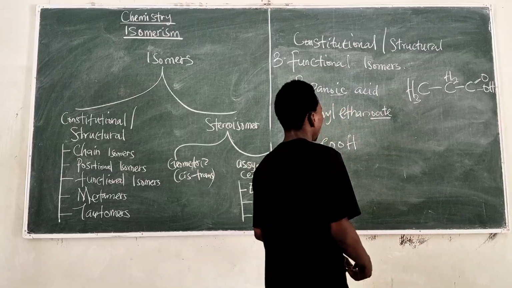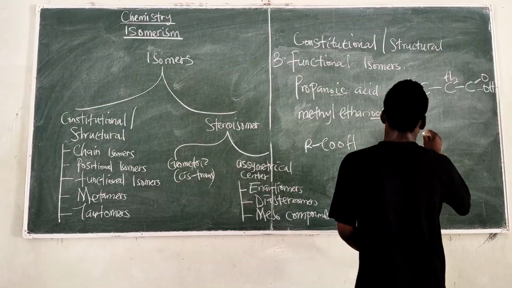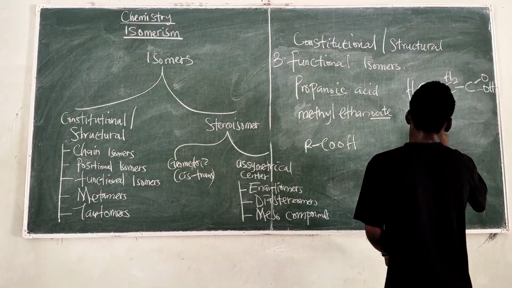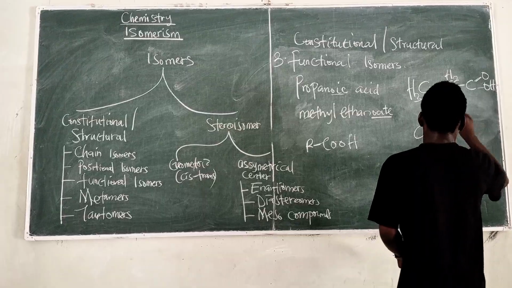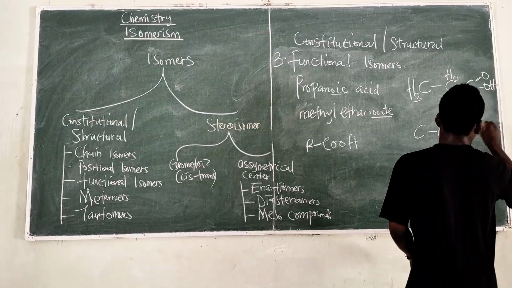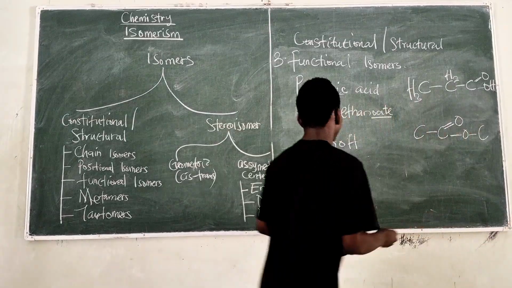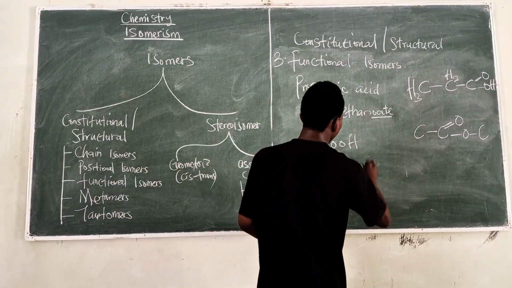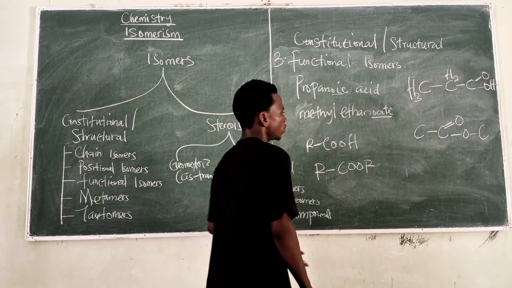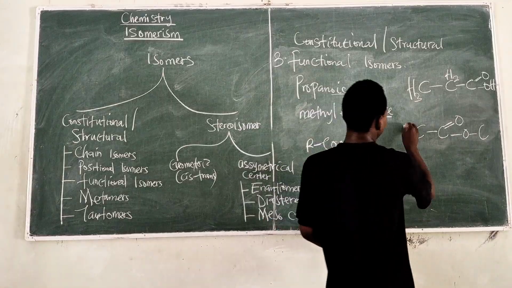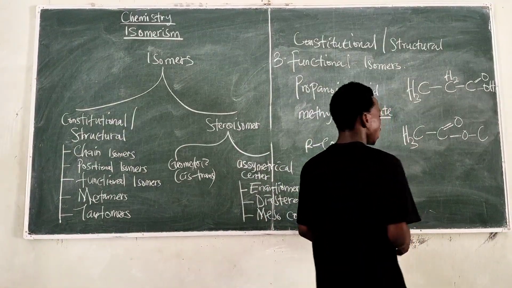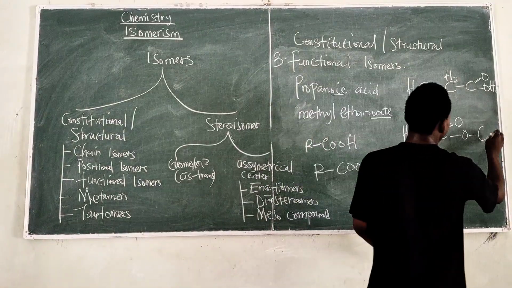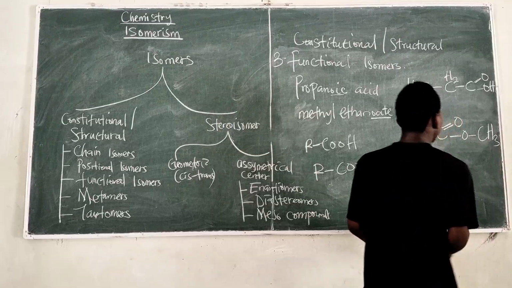So for methyl ethanoate, we have this. The functional group of esters is RCOOR. This particular carbon is bonded to 3 hydrogens, and this particular carbon is bonded to 3 hydrogens.